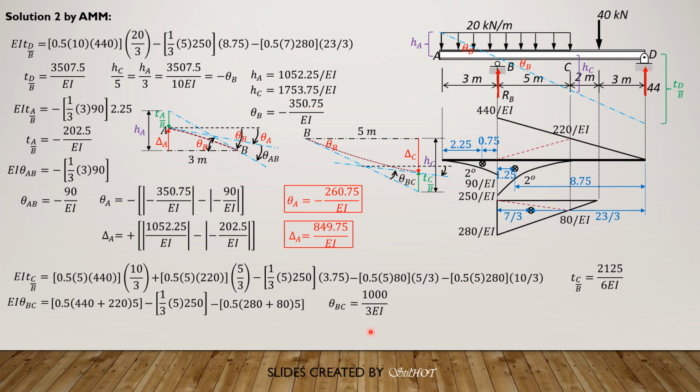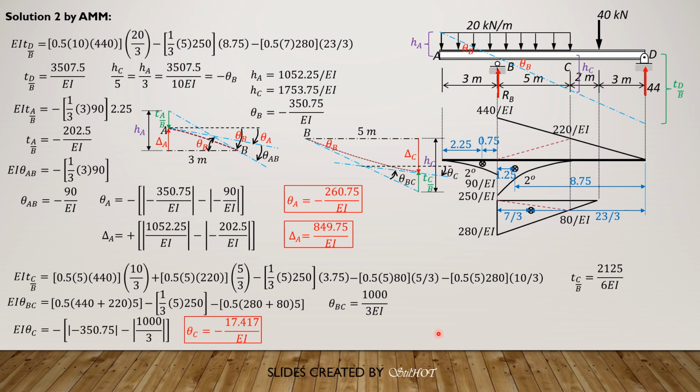But take note that theta BC is less than theta B in magnitude, because theta B is 350.75, whereas this is only 333.333. So this should be the tangent at C, and from the tangent at B to the tangent at C, the rotation is counterclockwise, because this is 333.3.